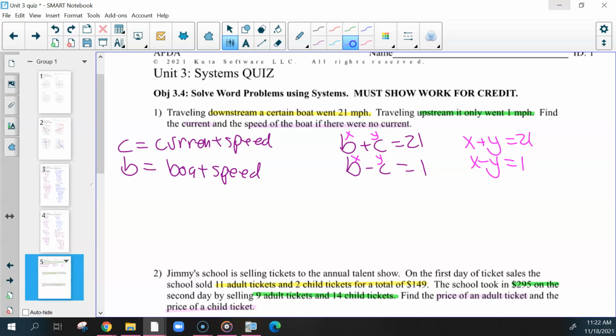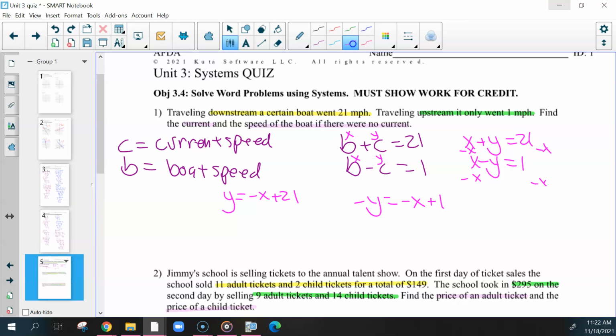I then need to set both equations equal to y, solve for y. So I would subtract x on both sides for both equations. The first one would give me y equals negative x plus 21. The second one, I have to continue solving.